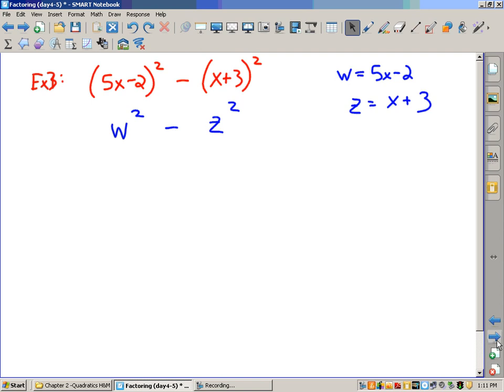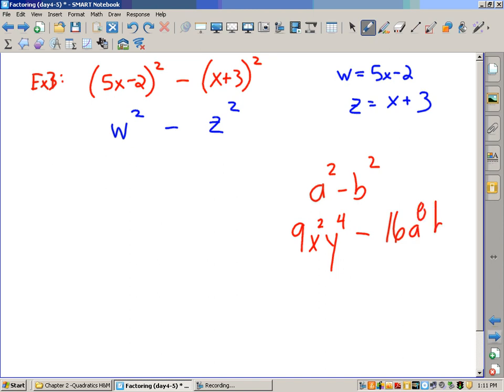Whenever I see a minus with 2 different squares, whether it's simple like this, or it's fancy like that, this is a perfect square of 3 times xy squared.